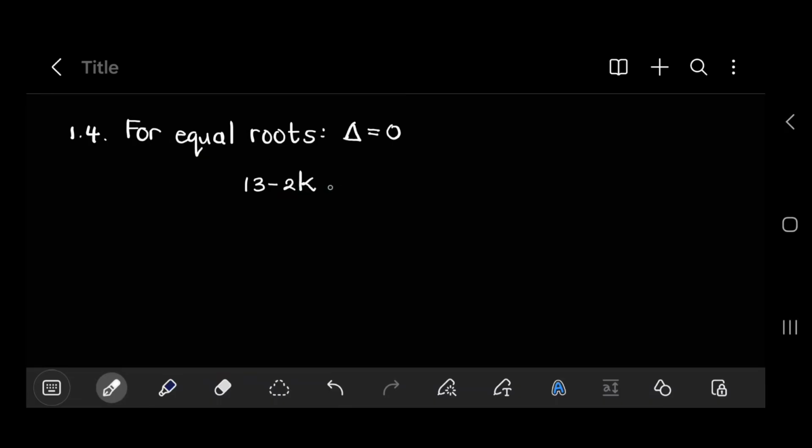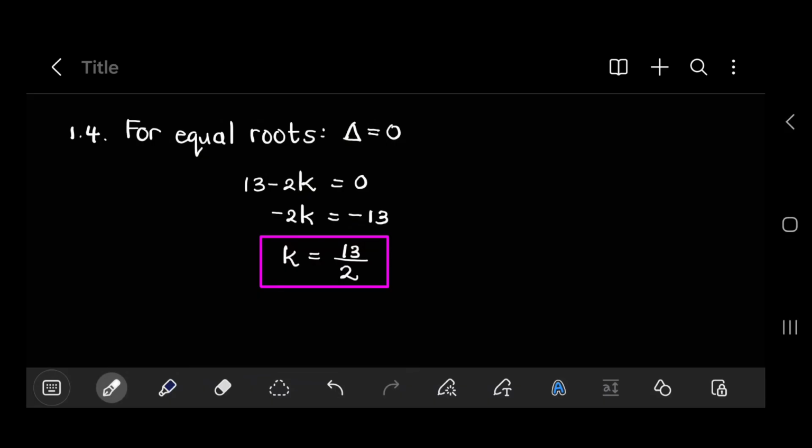Since that is the discriminant, that is going to equal 0, and all we have to do from here is solve for k. So let's take 13 over to the right, it becomes negative 13. Divide throughout by negative 2 to get k alone. So negative 13 divided by negative 2 is going to be positive 13 over 2.